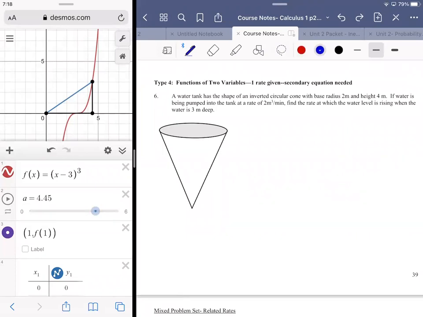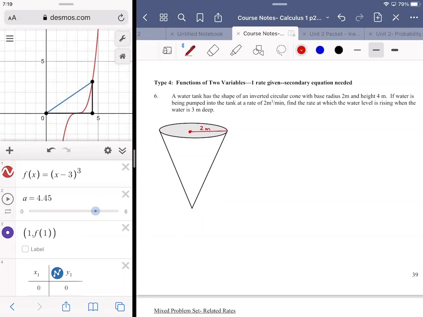Water tank has the shape of an inverted circular cone with the base radius, right? So the circular part, that shaded part at the top, that would be the base, because this one's inverted. So it's not actually sitting on its base, but it's saying its base radius is equal to 2 meters. So it's a big inverted circular cone, right circular cone.